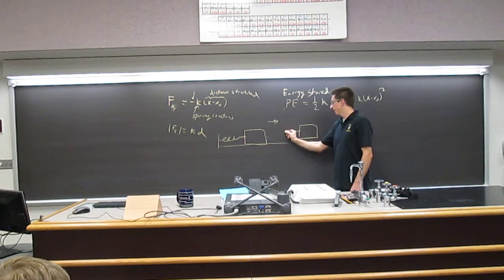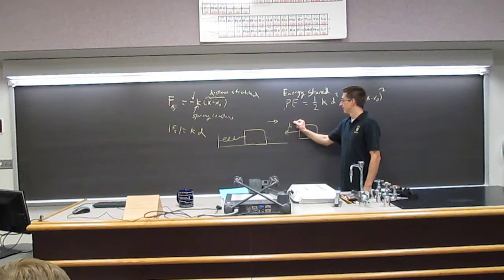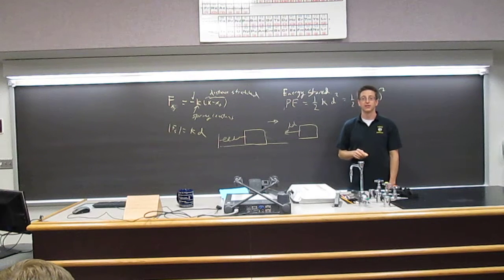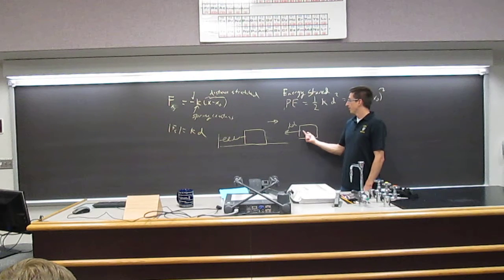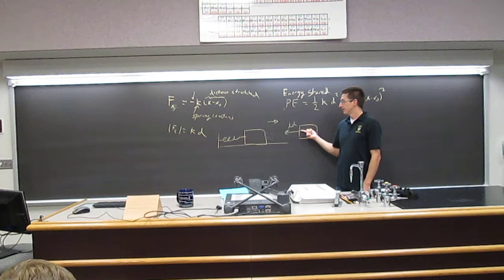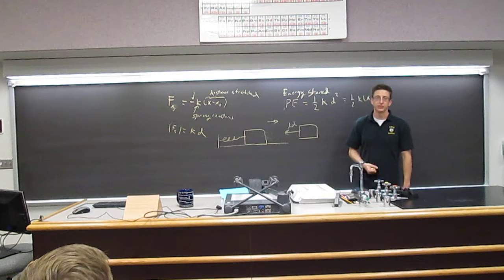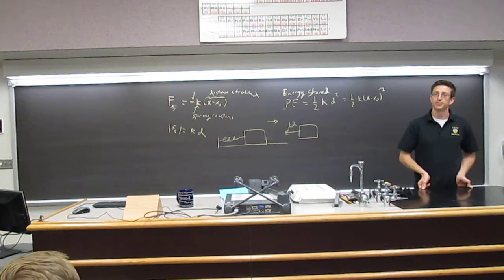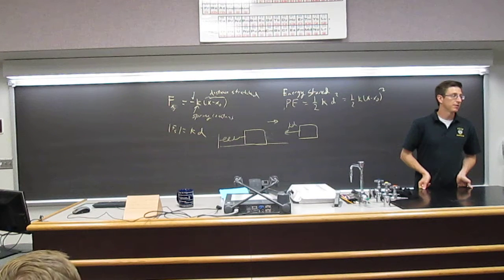Opposite, and it has a magnitude k times the distance stretched. So it'd be negative. The negative sign just tells me it's opposite the direction I stretched it. Okay? That makes sense to everyone?